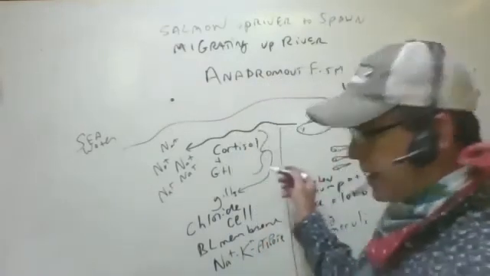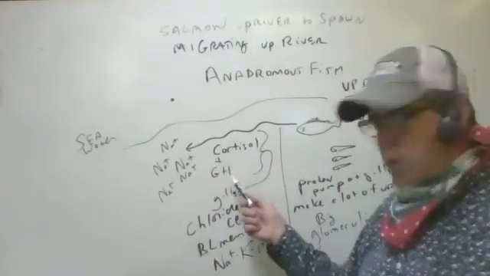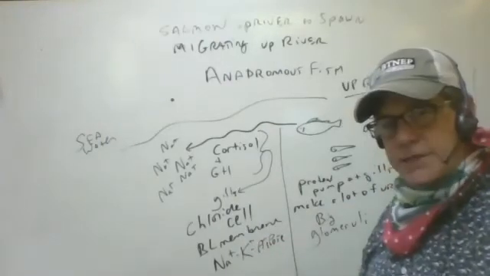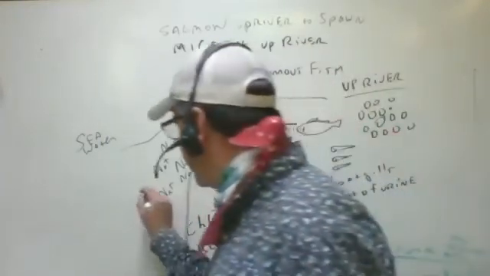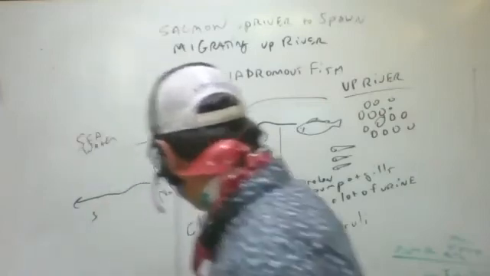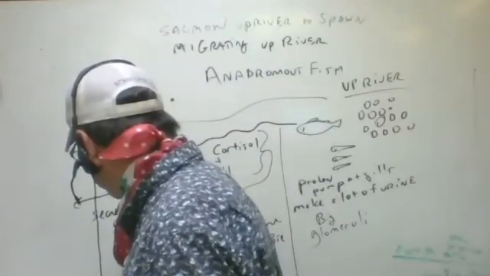All right, so as they get closer and closer to this salt water, cortisol and growth hormone lead to a change in their gills. Sodium potassium ATPase starts to get more active. And as they get to the salt water, boom, they change. Now that sodium potassium ATPase is allowing them to secrete salt.